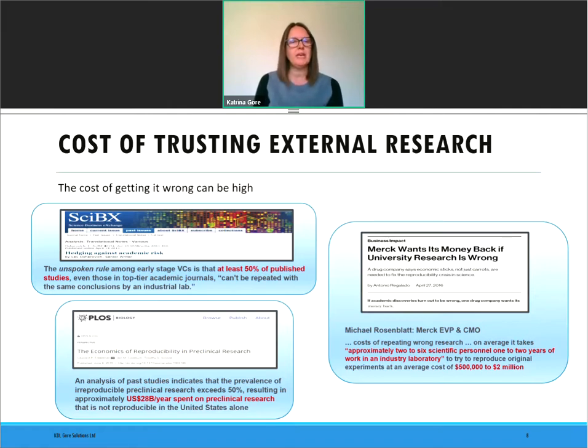A paper a few years later, in 2015, talks about the prevalence of preclinical research exceeding 50% and resulting in approximately $28 billion per year spent on preclinical research that cannot be reproduced, put it that way. And then Merck joined the year later as well, with their chief medical officer commenting on the costs of repeating wrong research and the fact that trying to reproduce original experiments is very time consuming and costly to them.